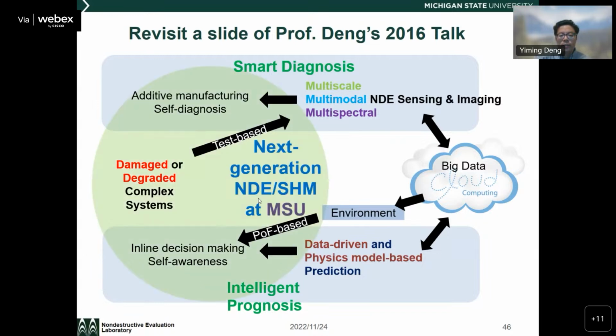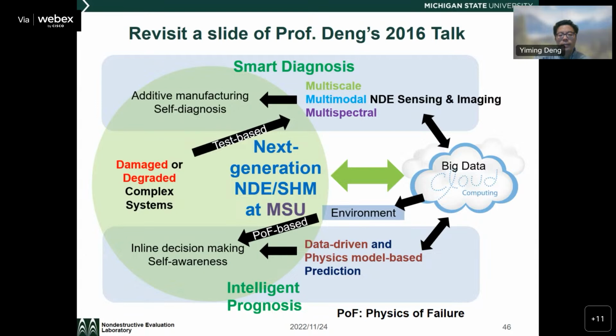And this combination will give you the next generation of NDE or SHM. And hopefully I will conclude this lecture on day 5 by presenting what I think is the new paradigm, through an introduction of the concept of ND 4.0 and 5.0.